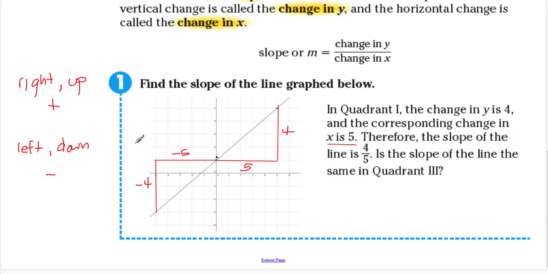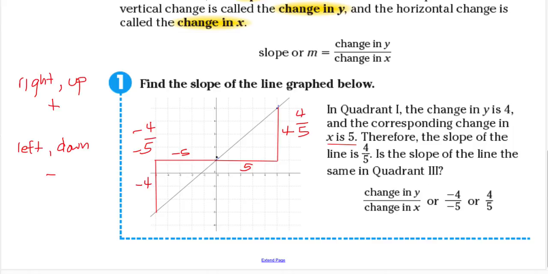The slope of this line would be negative 4 over negative 5. And negative 4 over negative 5 is the same as 4 over 5. So it's the same thing.